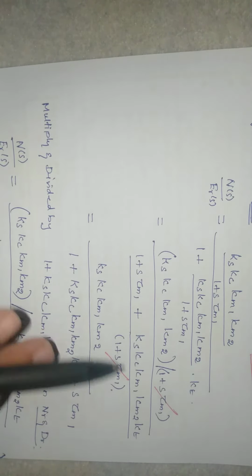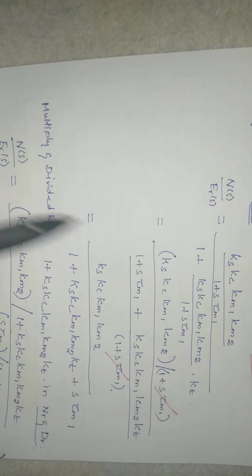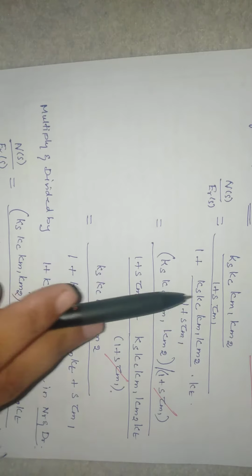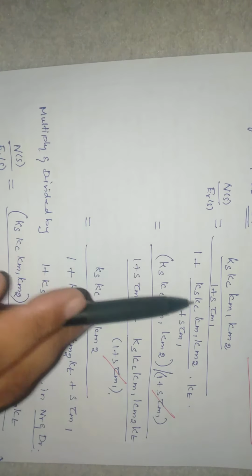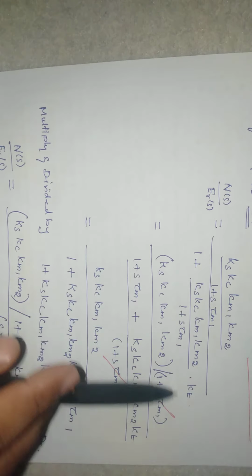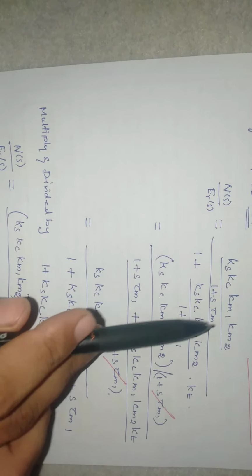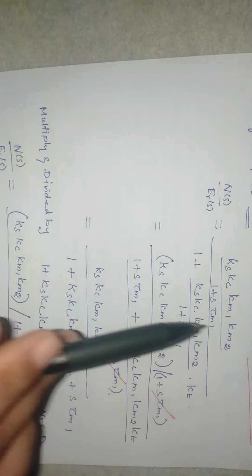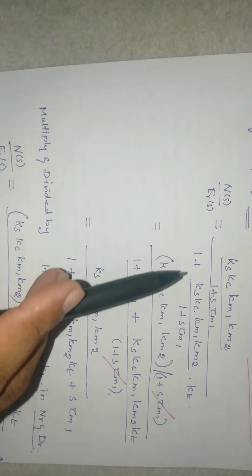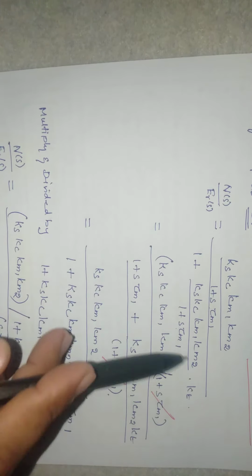In the second step, the numerator we can take as it is, and for the denominator, a 1 plus term is there. So we will take the LCM for this denominator alone, then only this term and this term will get cancelled. The equation is further simplified. We need a simple equation, that's why we are doing this. So 1 plus this term, we are taking the LCM.